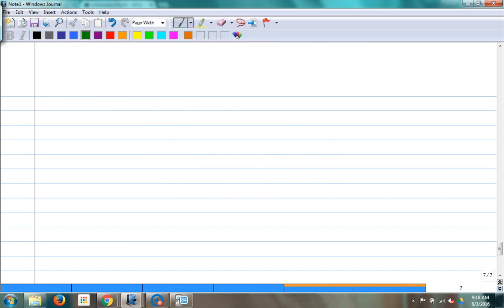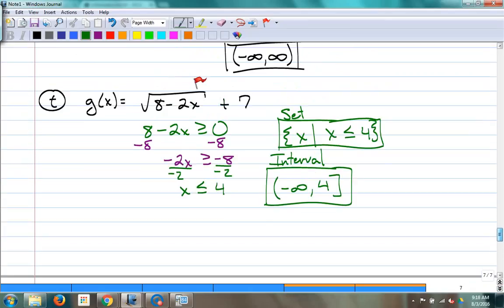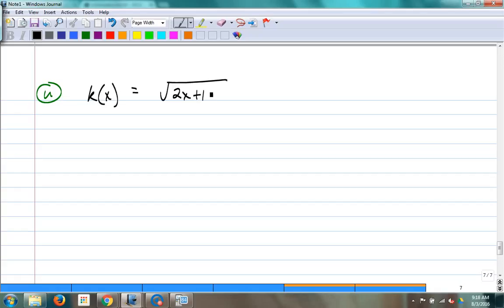Let's do a fun one. I love this one. Example U. Let's do k of x is equal to the square root of 2x plus 10, all that divided by x minus 7.